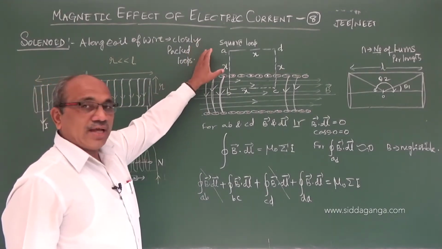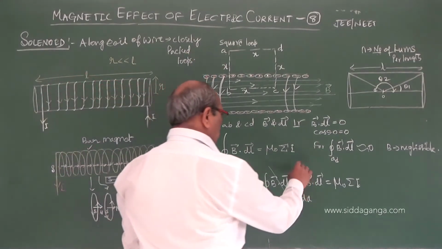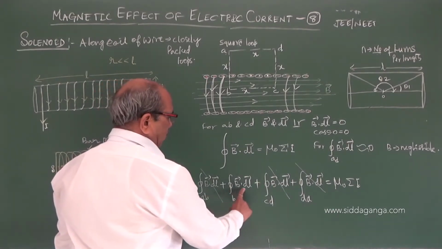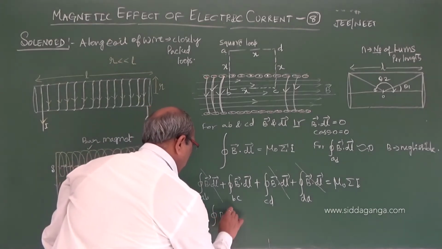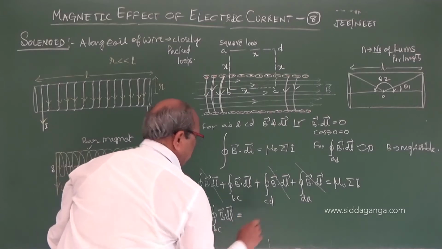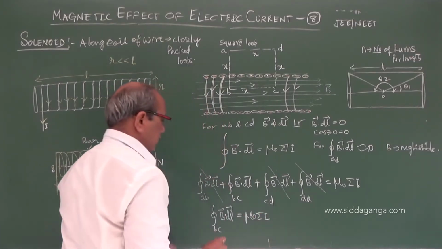We know the magnetic field outside is negligible, therefore I neglected it. Therefore the AD part is also removed. What is retained is only the integral of B dot dl over BC. Therefore I can write the integral of B dot dl over BC is equal to mu naught times the summation of I.